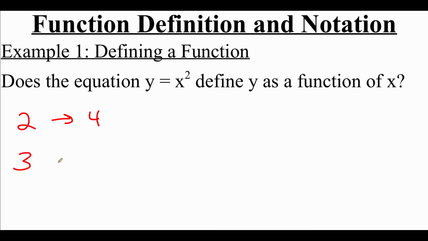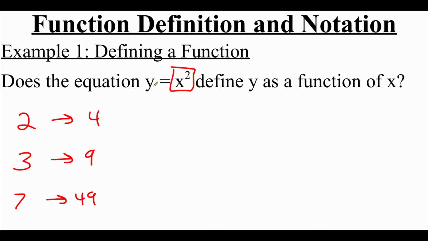Or if we plugged 3 in for our x, we would get 9 as our answer. Or if we plugged in 7 for our x, we would get 49 as our answer. Each time we plug in an x value, we know what y value we're going to get back because this rule tells us what to do. So yes, this one does represent y as a function of x, so we can write it as a function.